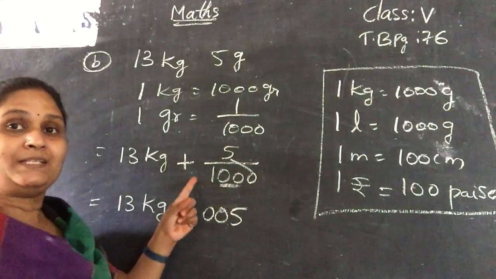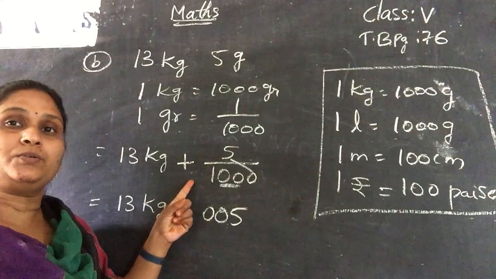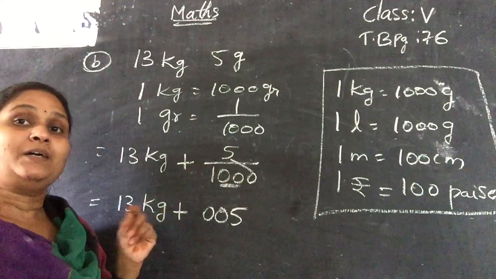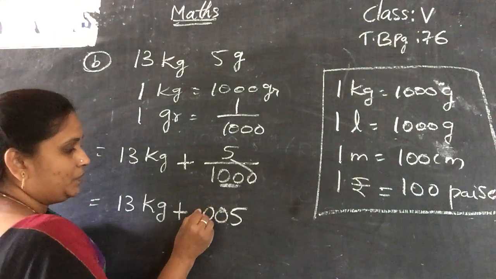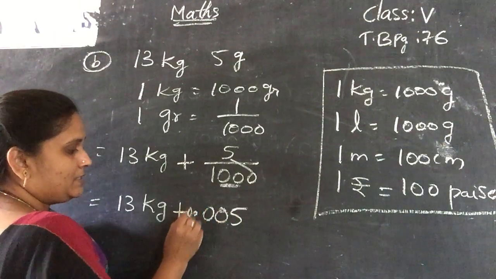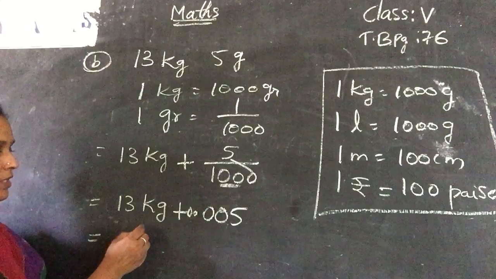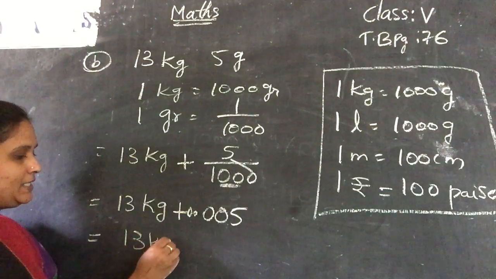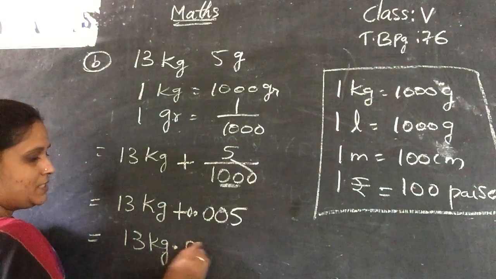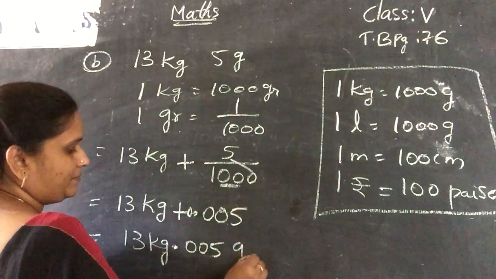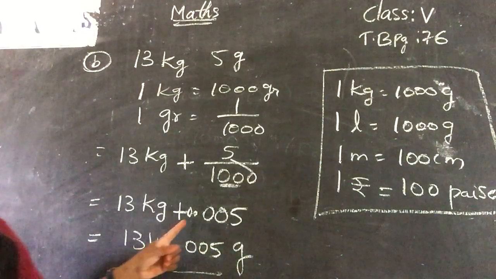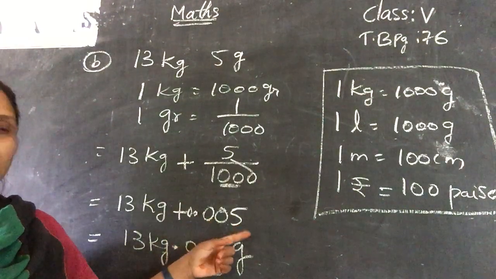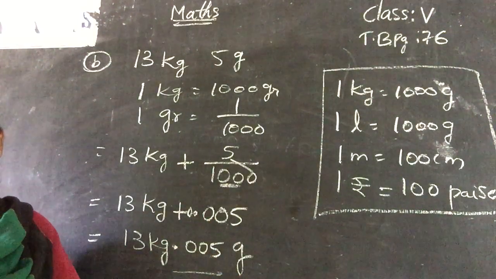And as it is 1000, after 3 digits you put the decimal and 0. So while writing, you write 13 kgs 0.005, that is 13 kgs 005 grams.